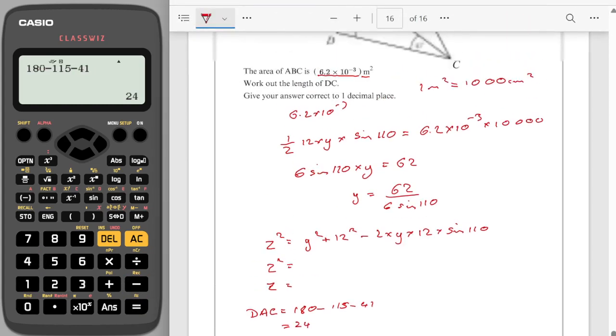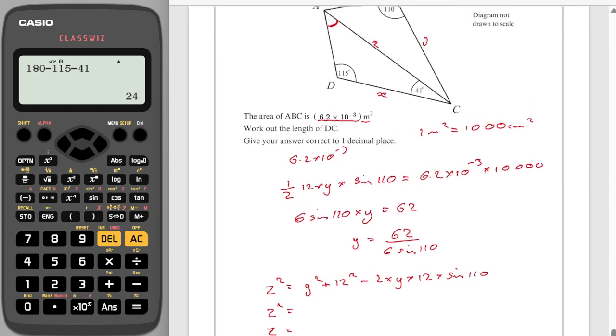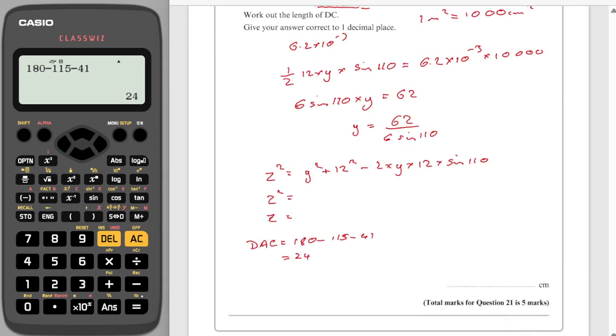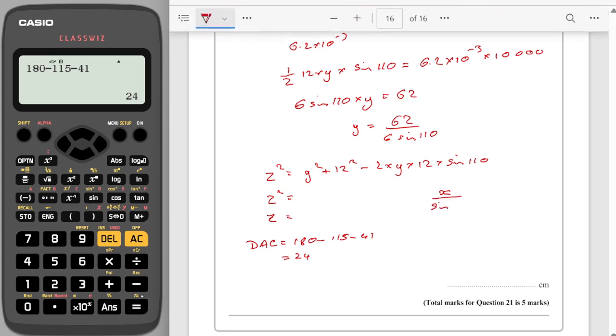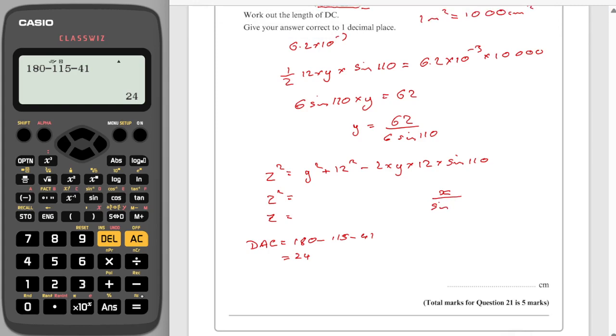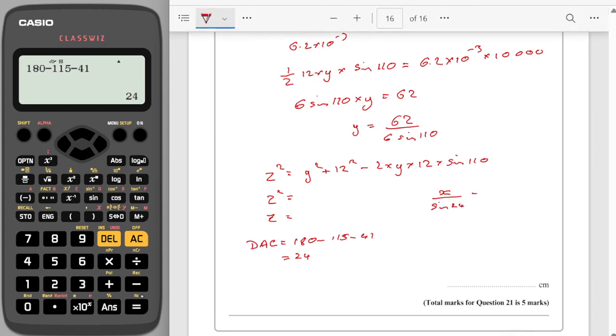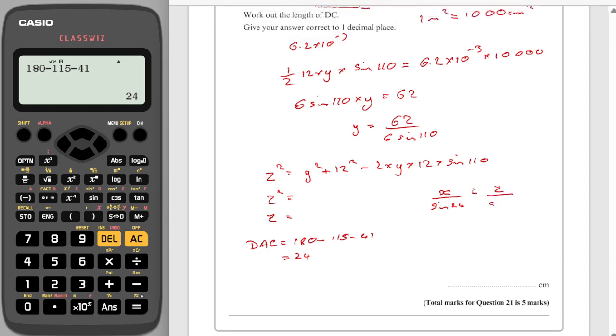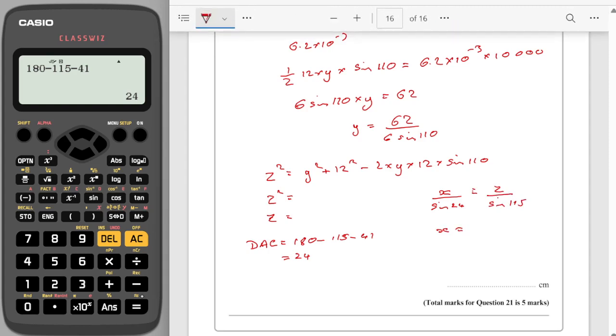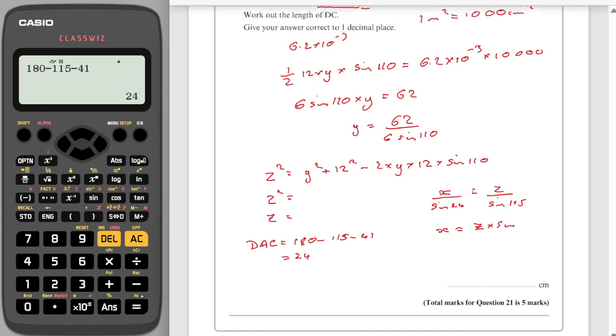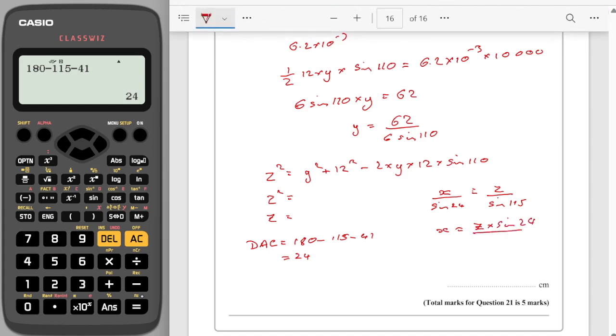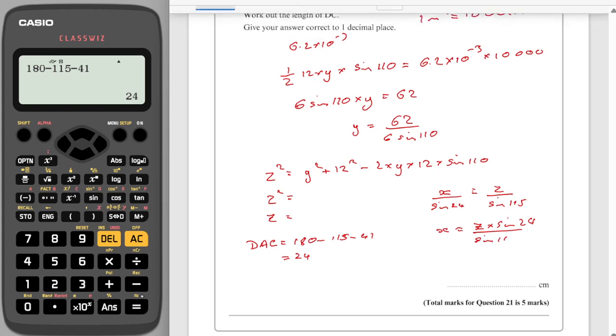So x over sine of 24 is going to be equal to z over sine of 115. So x is going to be equal to z times sine 24 divided by sine of 115.